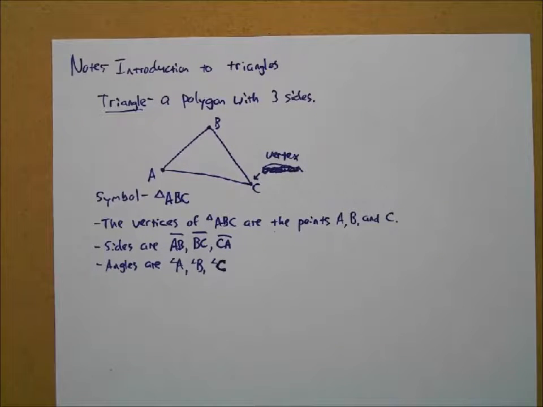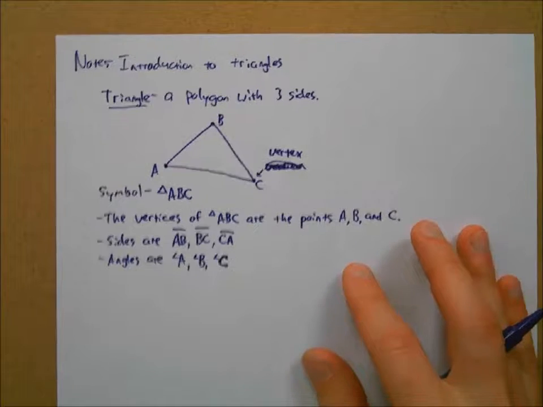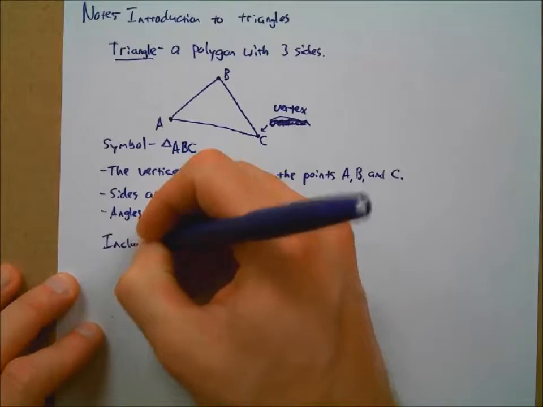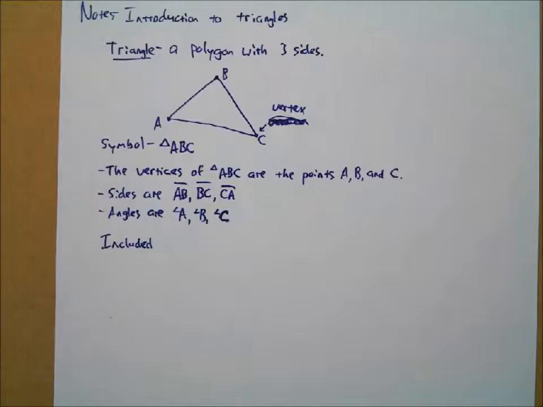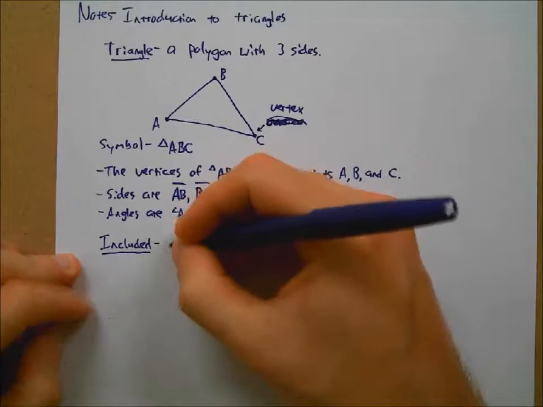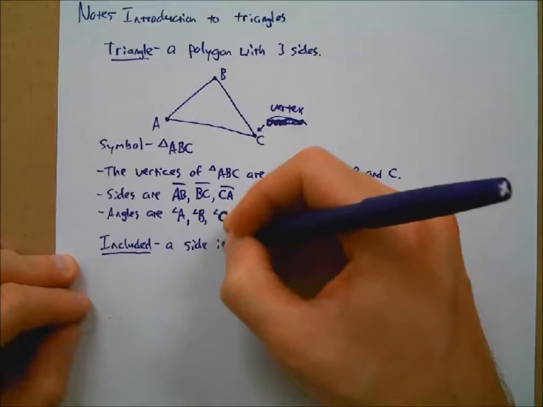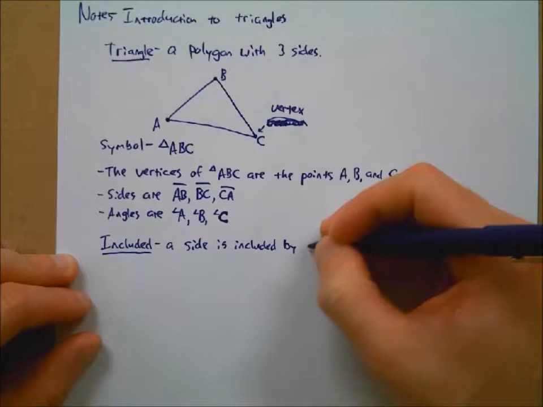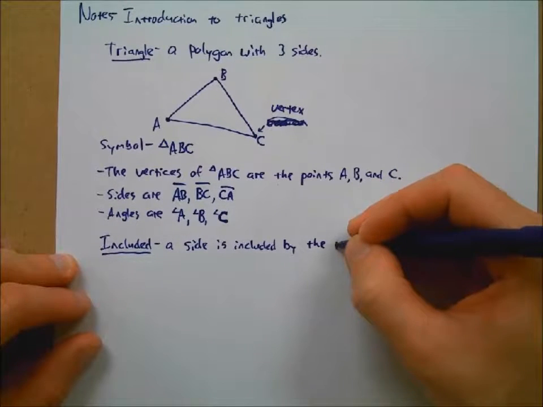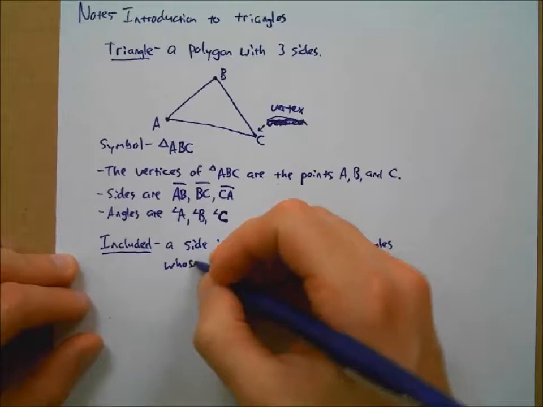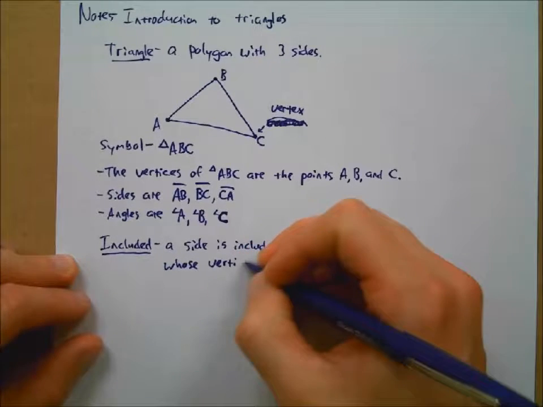There's some other vocabulary we're going to use here. We're going to use the idea of included. A side is included by the 2 angles whose vertices are its endpoints.